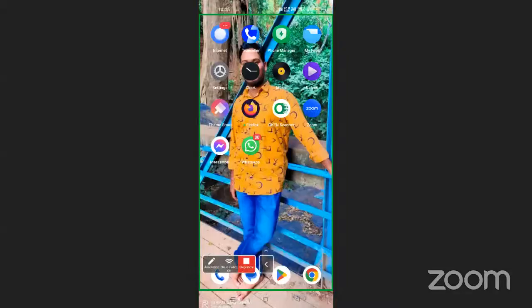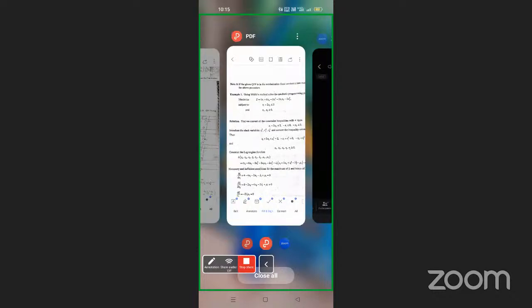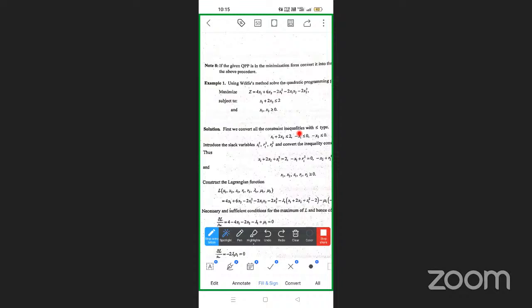First, we have to convert all the inequality constraints to equalities.